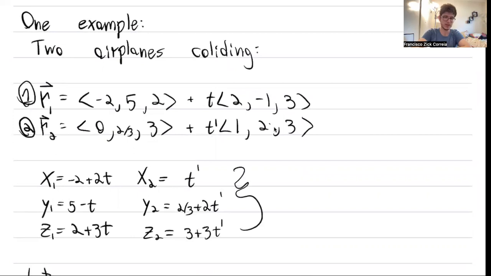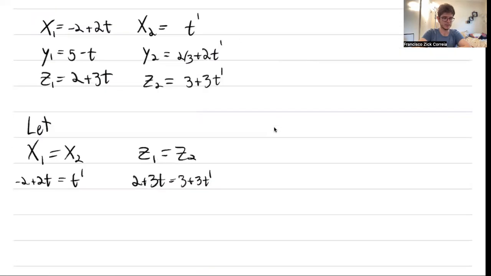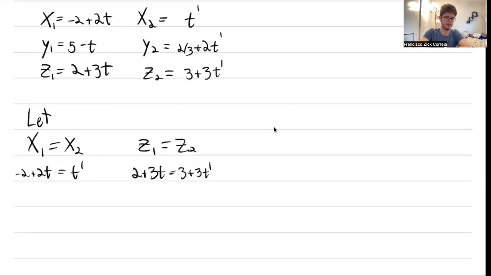Well, with this, we can find their positions with these equations. We can just break it down into their components, and then we can see when they're equal by setting them equal to each other. So if we let x1 equal x2 and z1 equal z2, we can actually solve for t prime. And then we just plug t prime back in there.